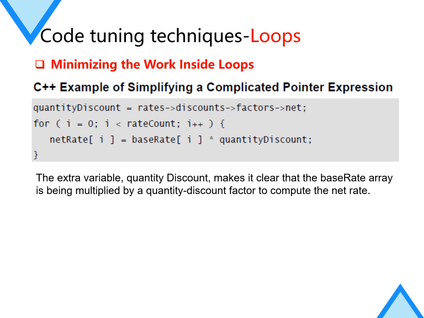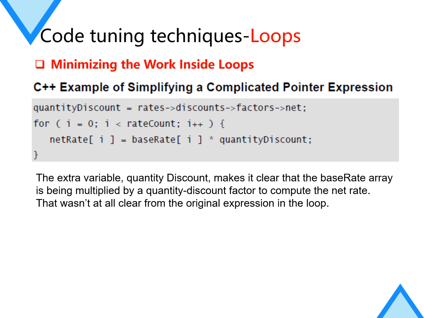This version of the loop is very easy to read, and the previous slide version of the loop was difficult to read. So on one side these techniques improve performance or code efficiency, but on the other side they also improve the readability of the program.